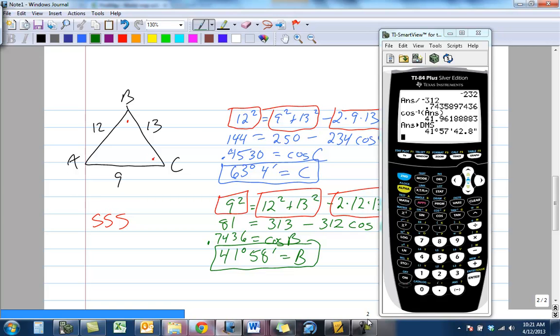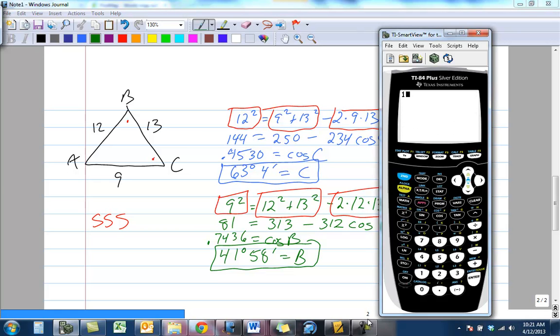So here's what's up. Another way to do this is do 180 minus the two that we found, right? That'll give us the third one. But the thing is if you're going to subtract that, make sure you put parentheses, and we're going to add up the two that we've got. We have 63 degrees, second angle, minutes. That little tick mark is the minutes.